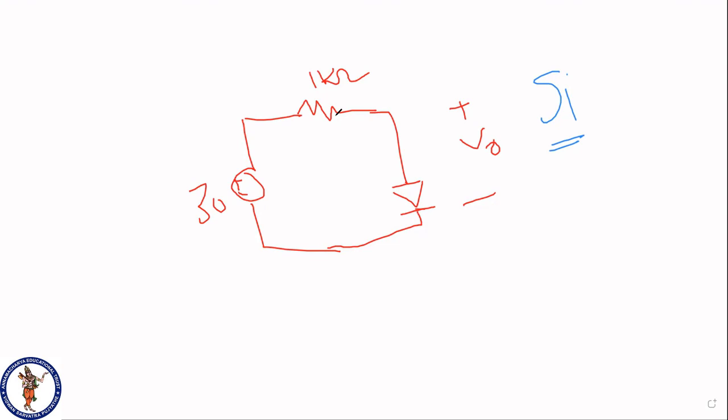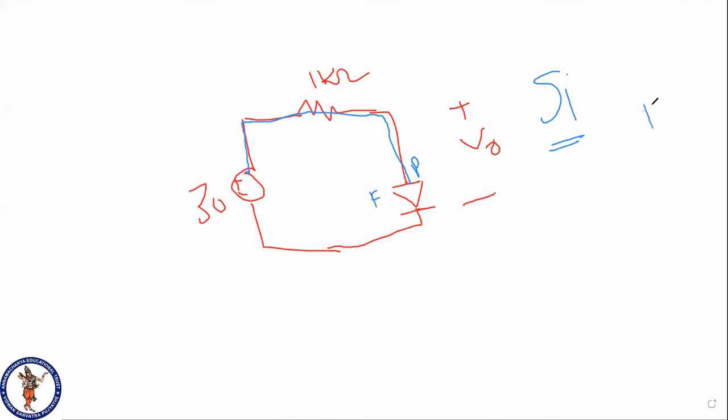One thing is very sure: what is important is whether the positive or negative supply is applied. Even though the resistor is placed here, the positive terminal of the 30 volt battery is directly connected to the P type of the diode. So it is in forward bias.